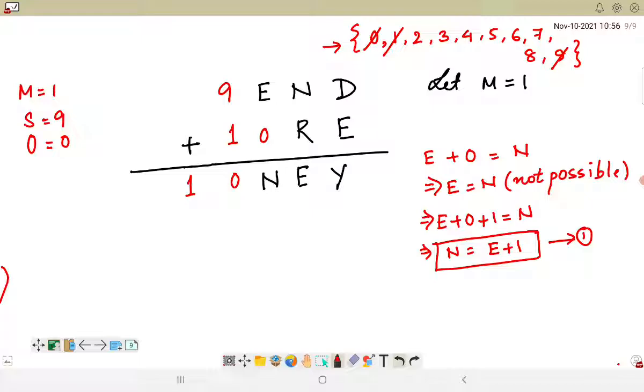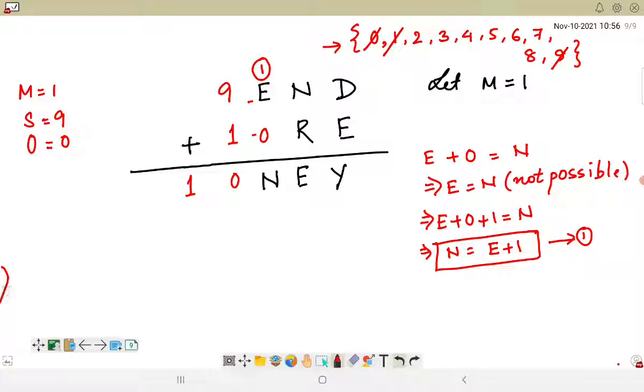So in the representation of the problem, n is equal to e plus 0 plus 1. So let us consider 1 as the carry here, right? So e plus 0 plus 1 basically is giving me n, right?